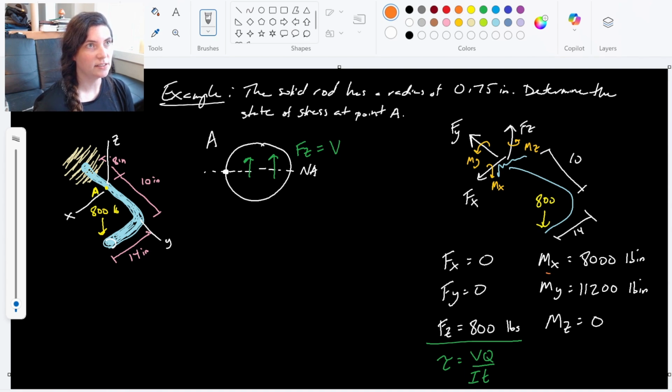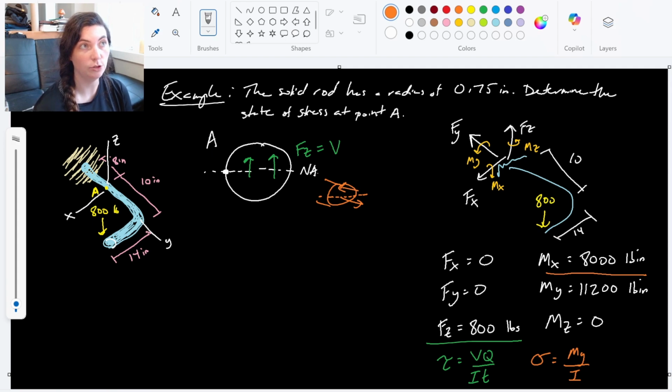Our MX, we look at MX here, it's going around in that same face of the cross section. So what that means is that it's creating a bending moment, right? If we look at the cross-sectional area, it's going in and then it's coming back out, right along that neutral axis at 0 there. So this is a bending moment. So MX is a bending moment, My over I. But very importantly, we notice, oh hey, A is actually on the neutral axis.